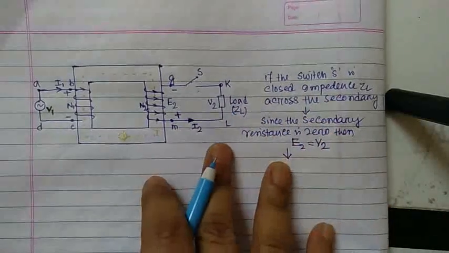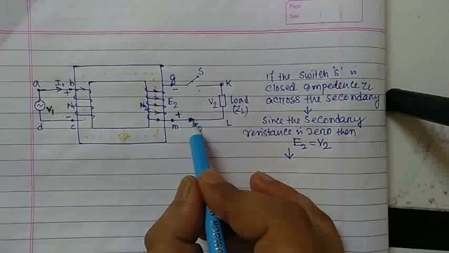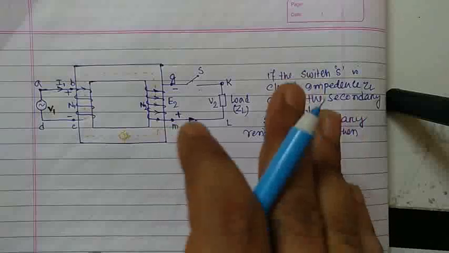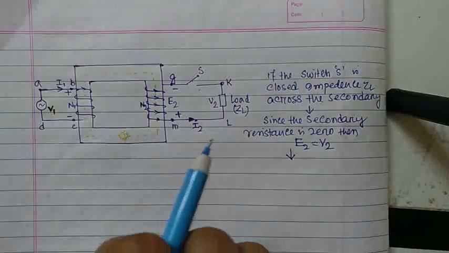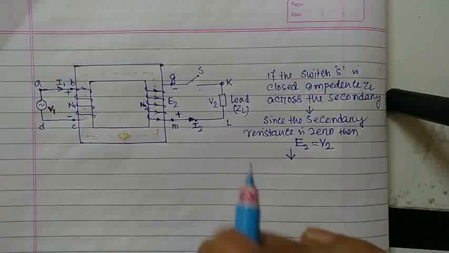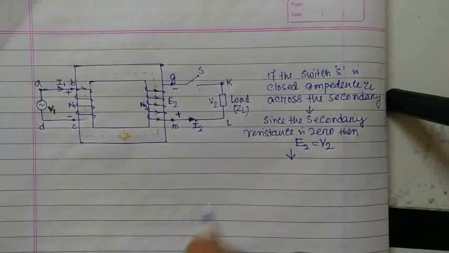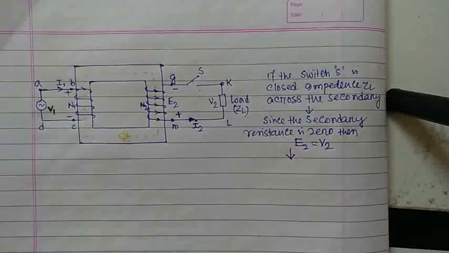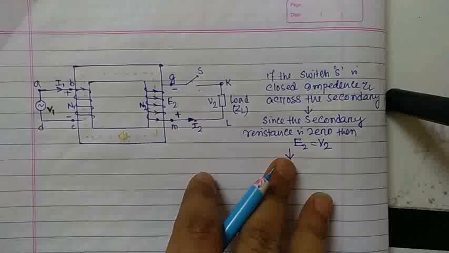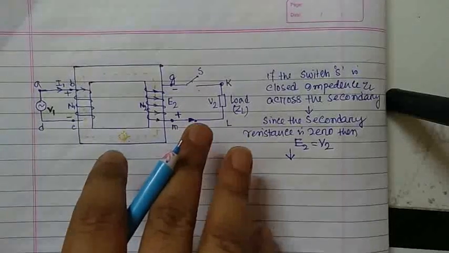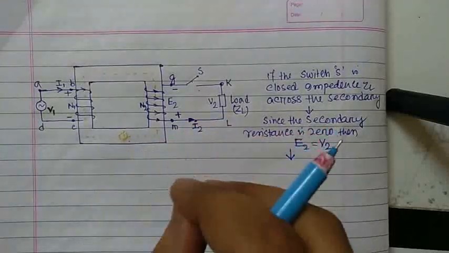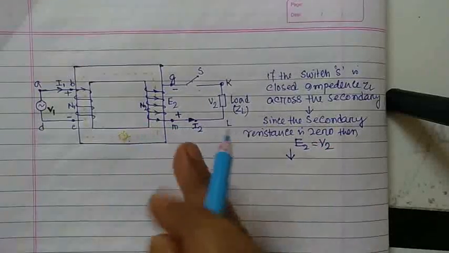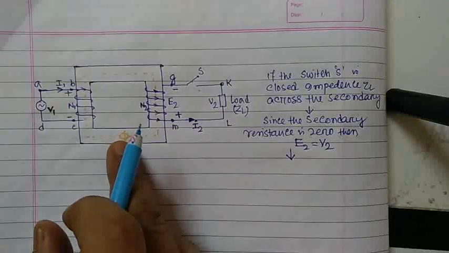According to Lenz's law, the secondary winding current I2 flows in such a way that the secondary MMF, I2N2, always opposes the mutual flux phi.